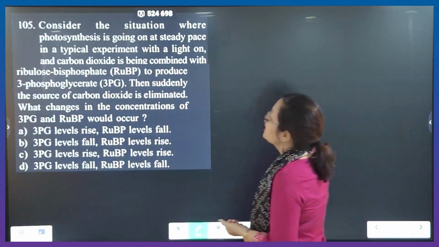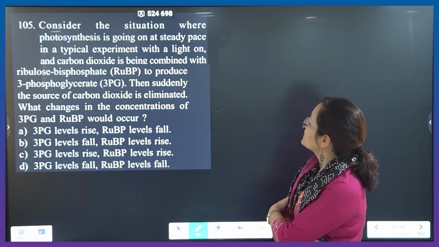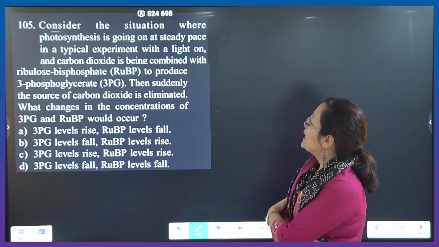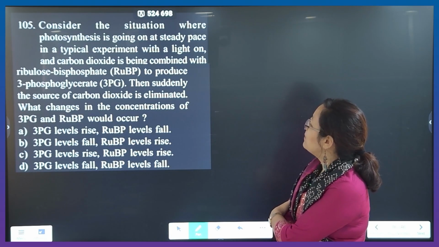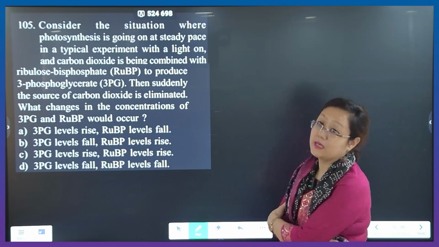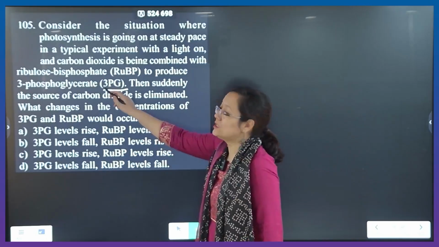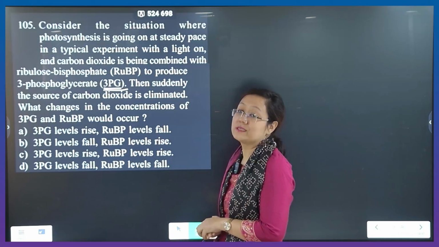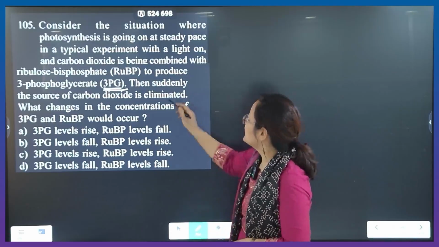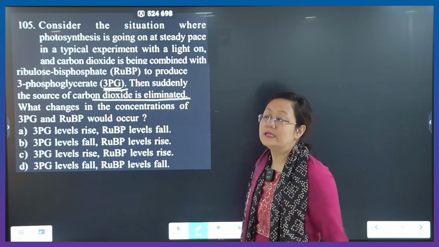After that, consider the situation where photosynthesis is going on at steady pace. In a typical experiment with a light on and carbon dioxide is being combined with RuBP to produce phosphoglycerate. PG ही लिख दिया, phosphoglycerate मतलब PGA, phosphoglyceric acid वही है. Then suddenly the source of carbon dioxide is eliminated. कार्बन डाइऑक्साइड के सोर्स को eliminate किया.